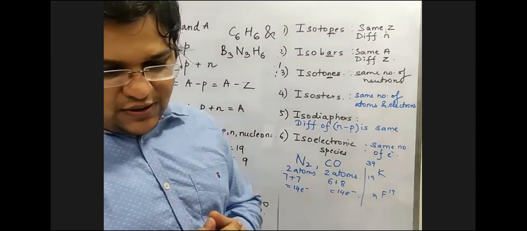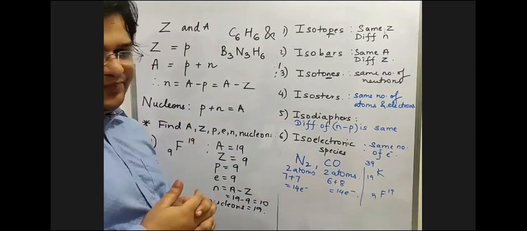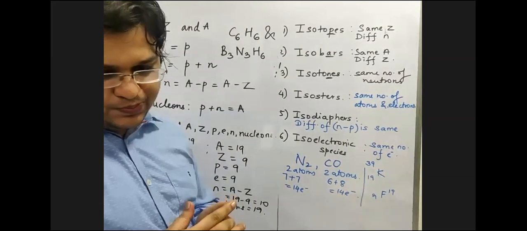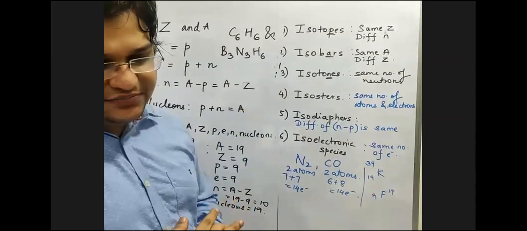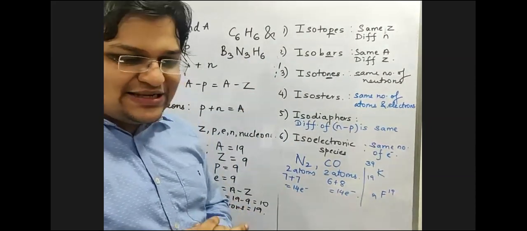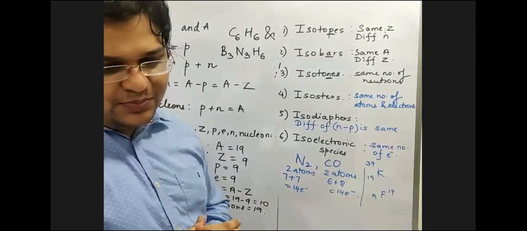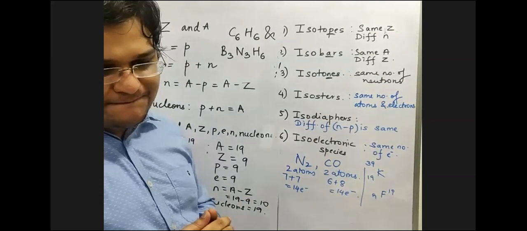Anyone answer over here. What are these? Check one by one. This is inorganic benzene. B3N3H6 को inorganic benzene बोलते हैं क्योंकि स्ट्रक्चर बेंजीन जैसा ही है लेकिन उसमें कार्बन नहीं है, बोरान और नाइट्रोजन है। गाइस क्या होगा बताइए आप?